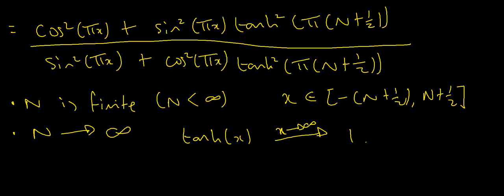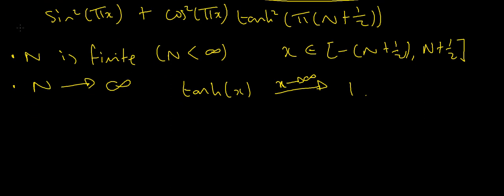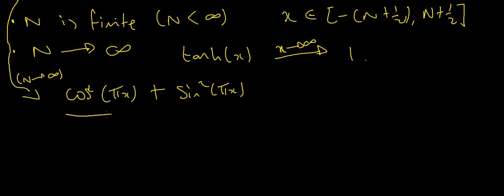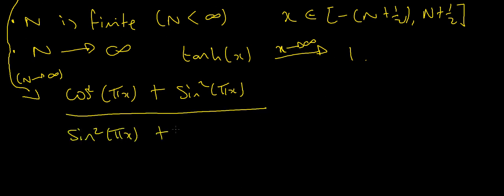So this whole term, as n goes to infinity, that's just going to approach what? It's going to approach cos squared pi x plus sine squared pi x times 1, all divided by sine squared pi x plus cosine squared pi x.